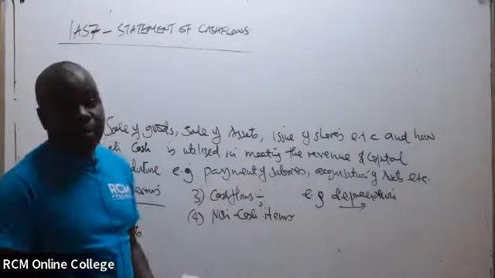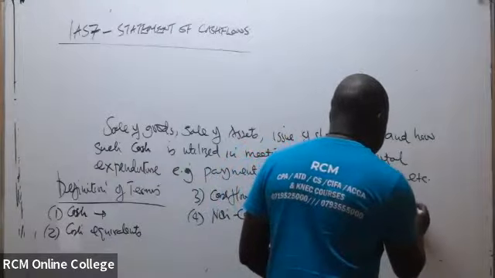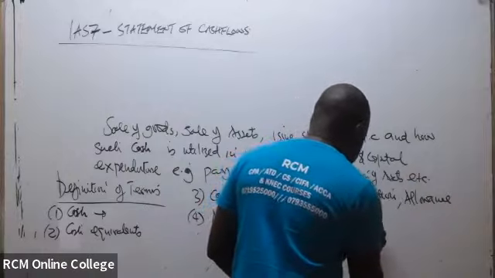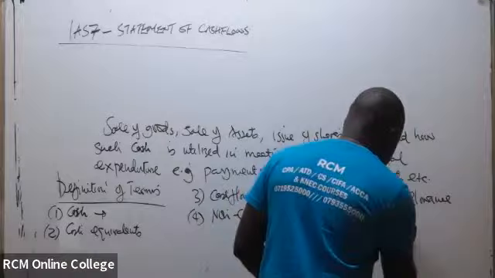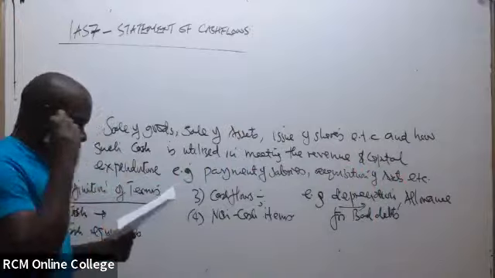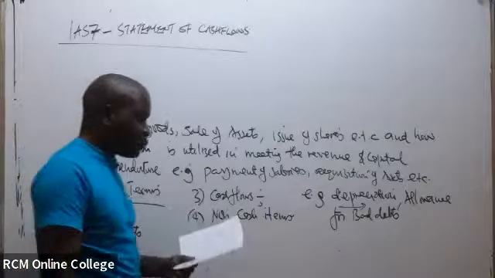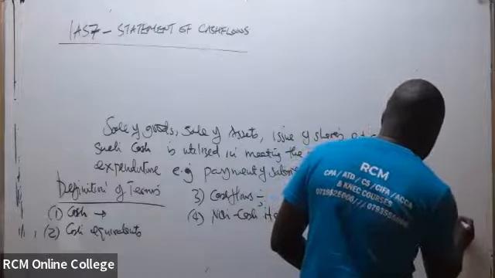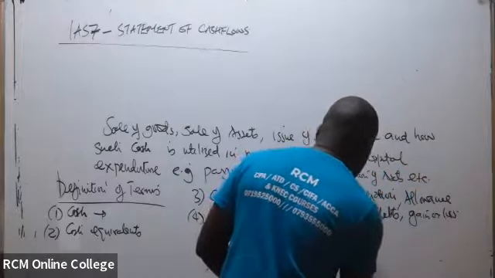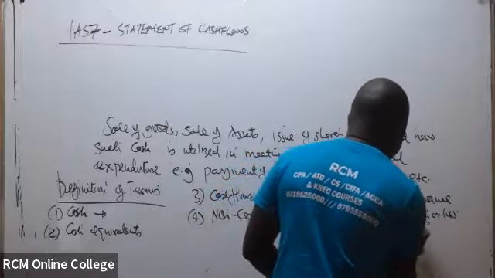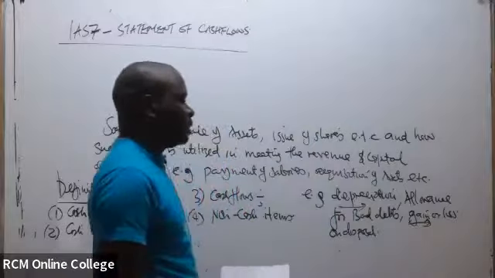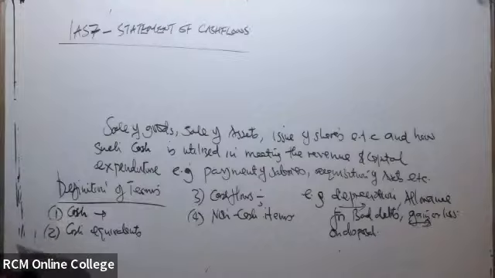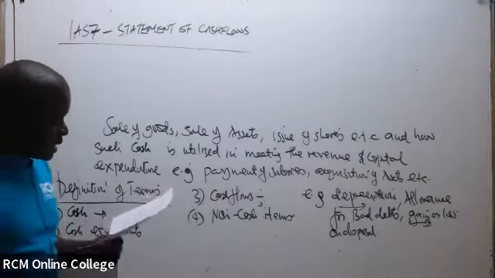Allowance for bad debts also doesn't involve cash going out. Then gain or loss on disposal: the gain you recognize as income, and the loss you recognize as an expense. We call them non-cash items.